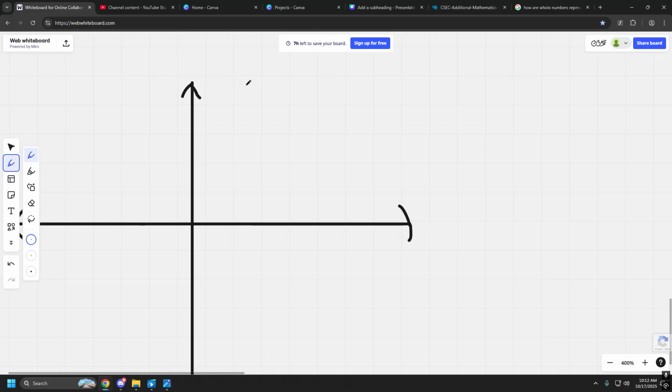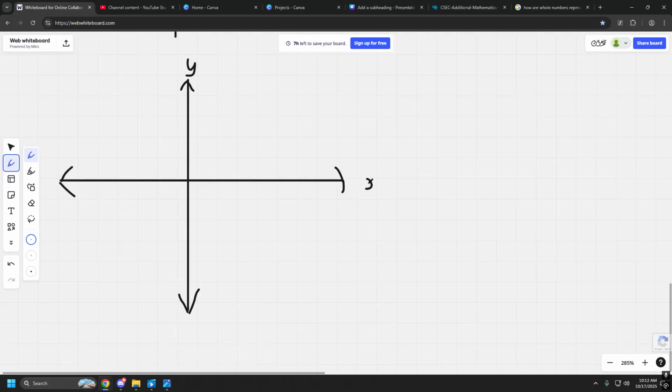Right, so this is the y-axis, this is the x-axis. Let's try to graph the complex number 2 minus 3i. So we have 1, 2, 3, and minus 1, minus 2, minus 3.